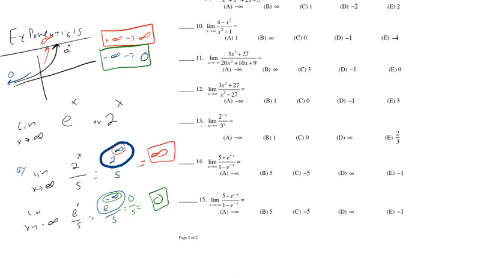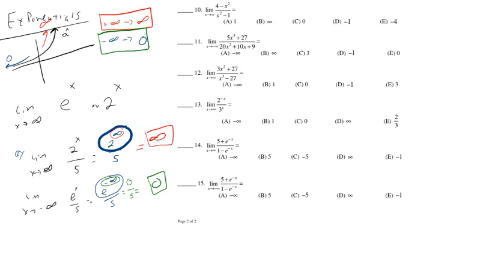Sometimes they throw negatives at you, like in number 13. Let's do this one together. Limit as x approaches infinity of 2 to the negative x over 3 to the x. If I plug infinity in here, I'm going to get 2 to the negative infinity over 3 to the infinity. So this is a little complicated.